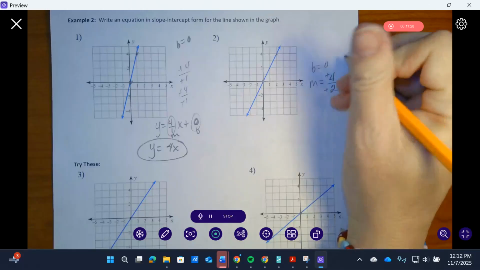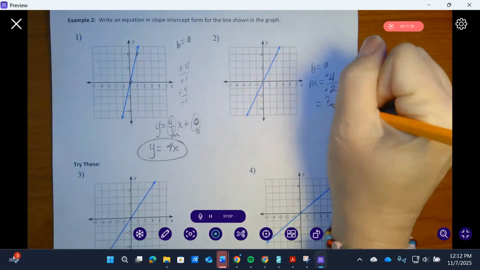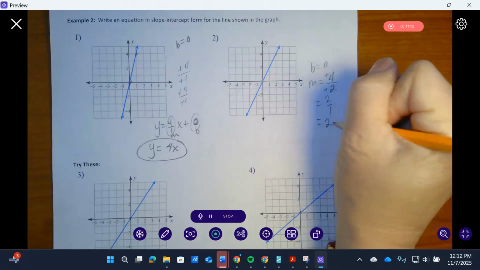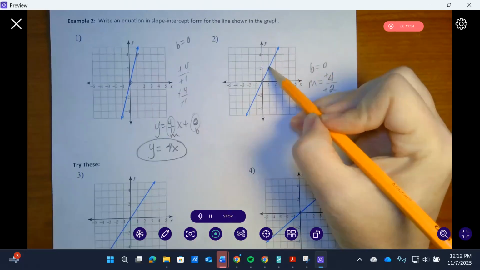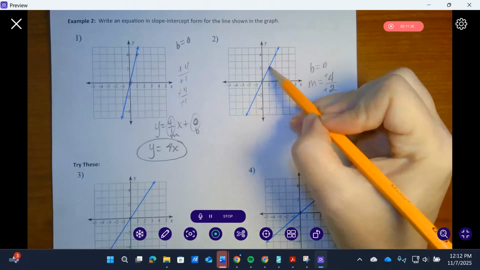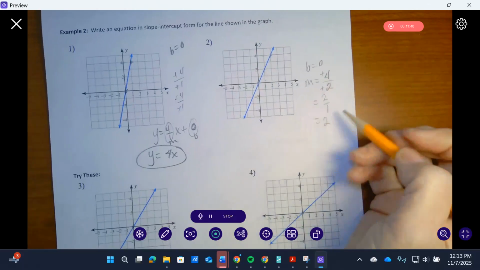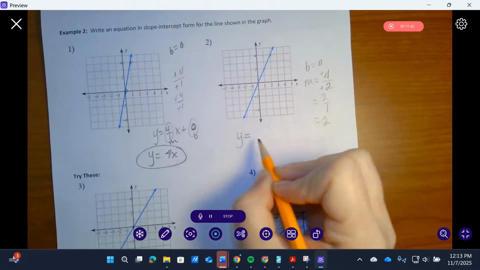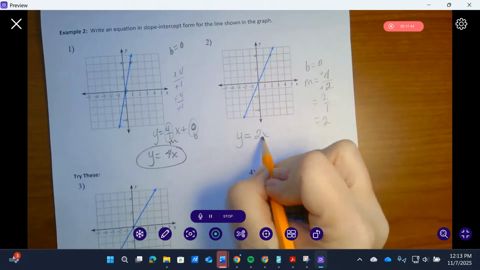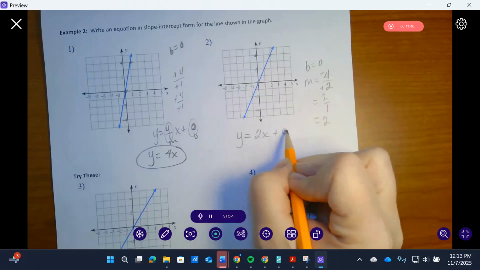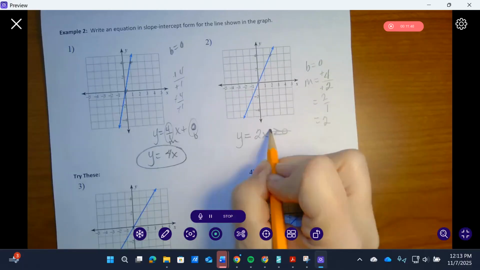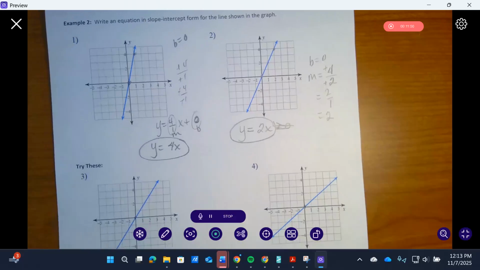That can simplify to be 2 to 1, or just 2. I kind of missed that point right there. I could have gone straight to the 2 if I had seen that one, but I didn't. I saw that. Okay, it still simplifies down. And my equation is y equals 2x plus 0, except we don't really need to write that plus 0, so I'm just going to leave it as y equals 2x.